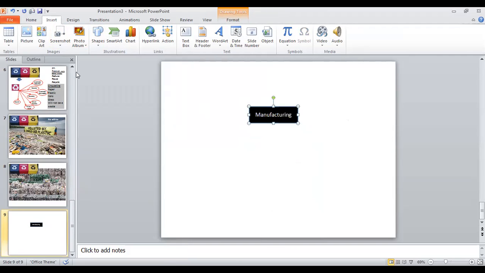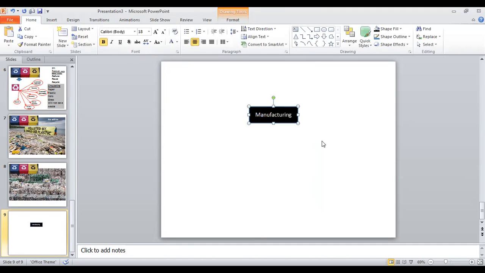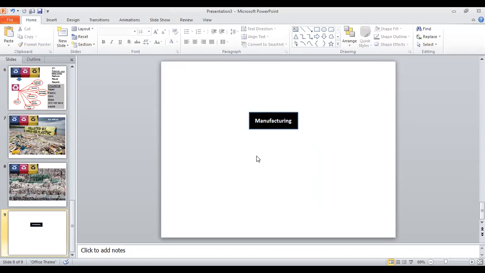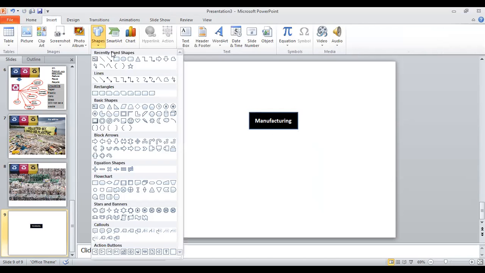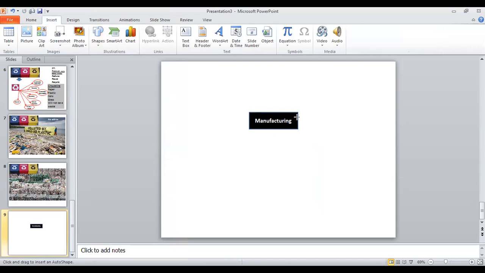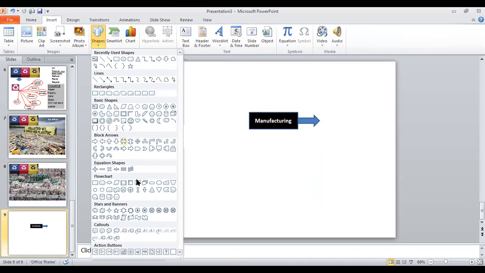Not only the manufacturing students, even mechatronics, they're supporting manufacturing with their expertise. Manufacturing. So here you can say outputs. What are the outputs? Some products, maybe. Okay, some products.